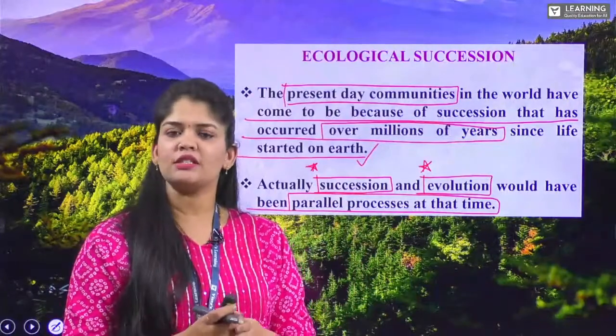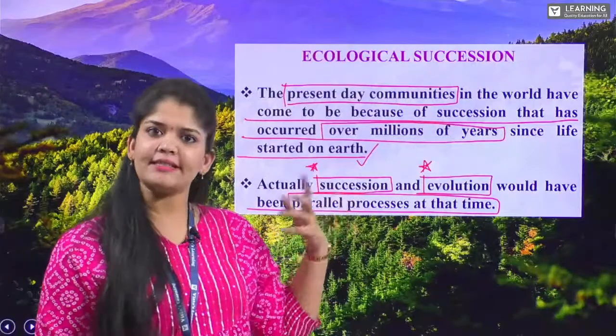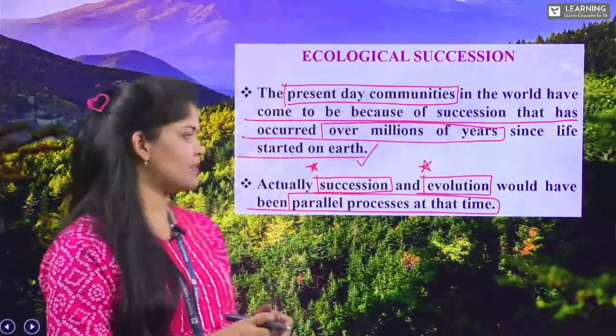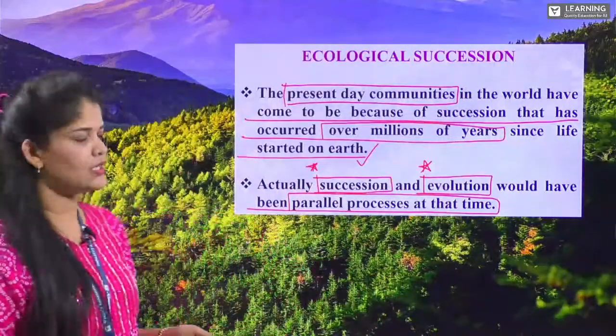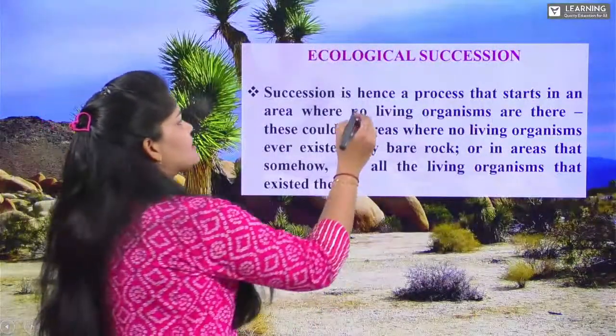And those changes happen in such a way that they show succession as well as evolution parallelly. That is what is meant by parallel processes at any given point of time. Now, so here succession is a process.